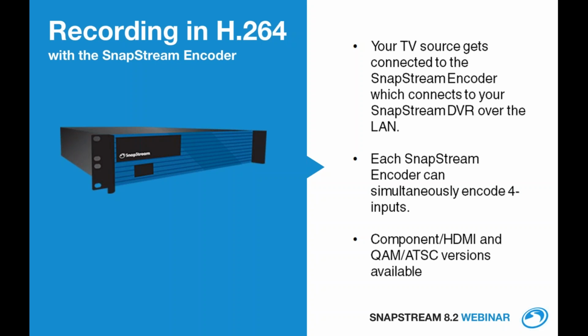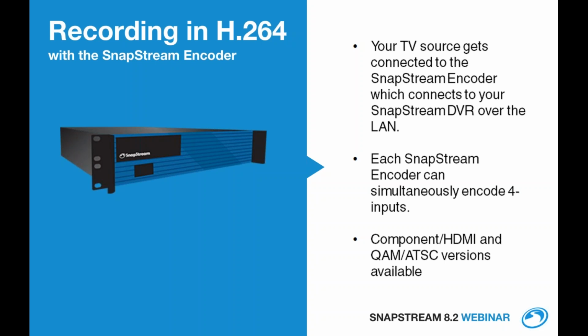We have SnapStream encoders that can take in component HDMI. We have SnapStream encoders that can take in QAM or ATSC. So whatever your source may be, you can take in that source and get H.264 to be fed into your SnapStream server. It's a low-cost option, the SnapStream encoder.